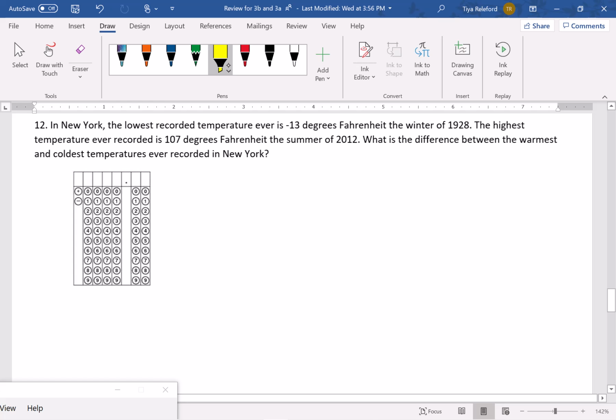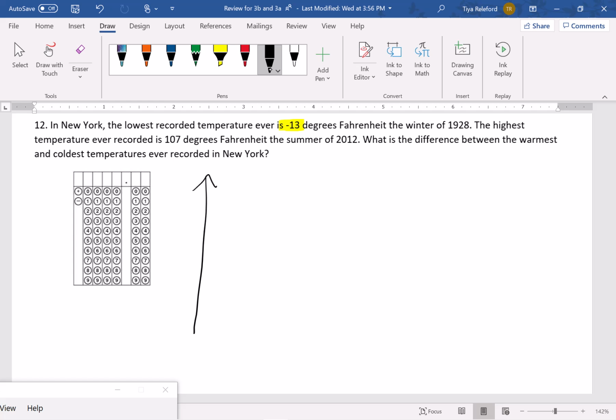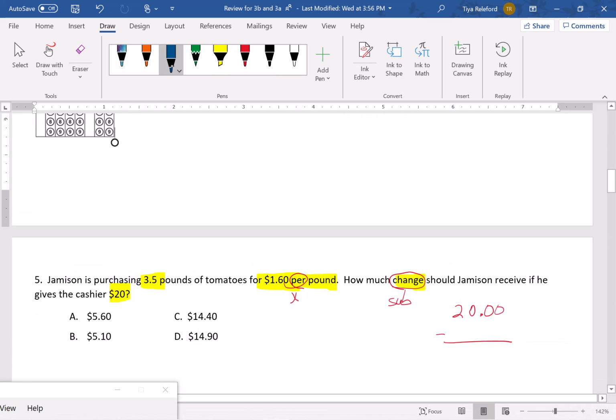In New York, the lowest recorded temperature ever is negative 13 degrees Fahrenheit. The highest temperature ever is 107 degrees Fahrenheit. What is the difference between the warmest and the coldest temperatures in New York? Difference means subtract.